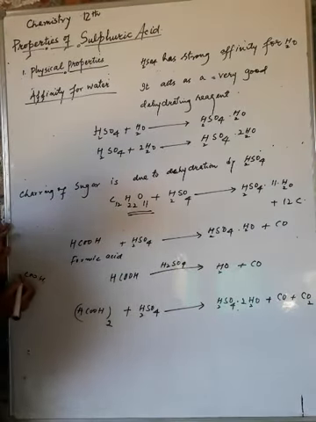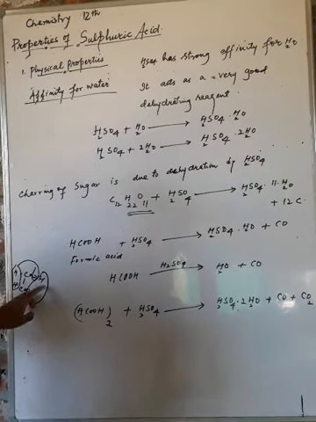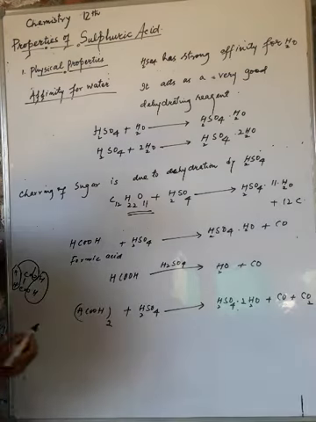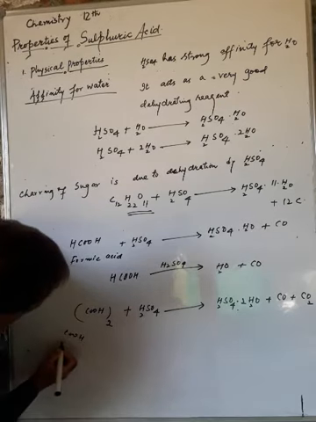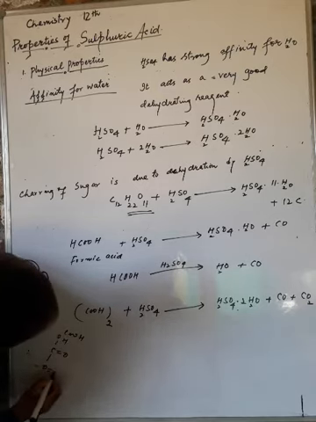If we see COOH, this is H2O and H2O, then we have C double bond O, C double bond O, twice H2O, and carbon monoxide, and we have H2SO4 plus H2O plus COOH, COOH.